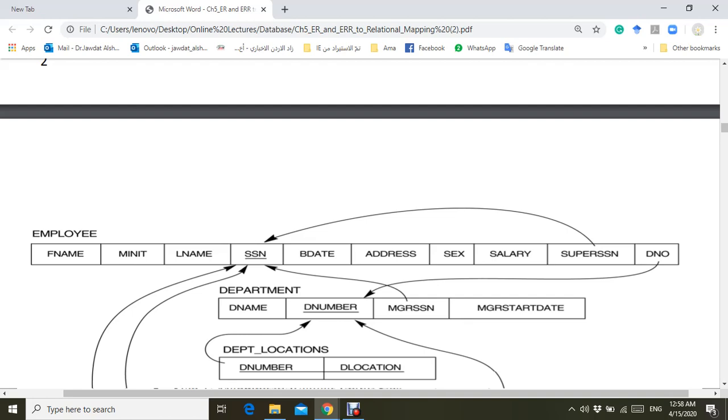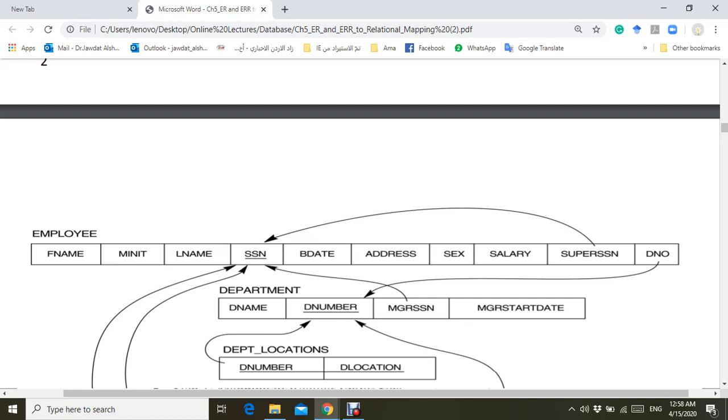For example, employee here has the first name, the middle name, and the last name. These were composite attributes, and we don't use the composite, we use the simple attributes that compose the composite attribute.